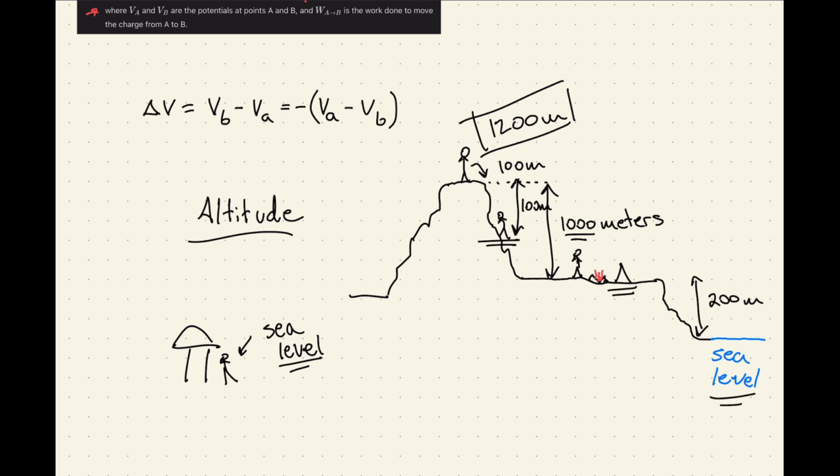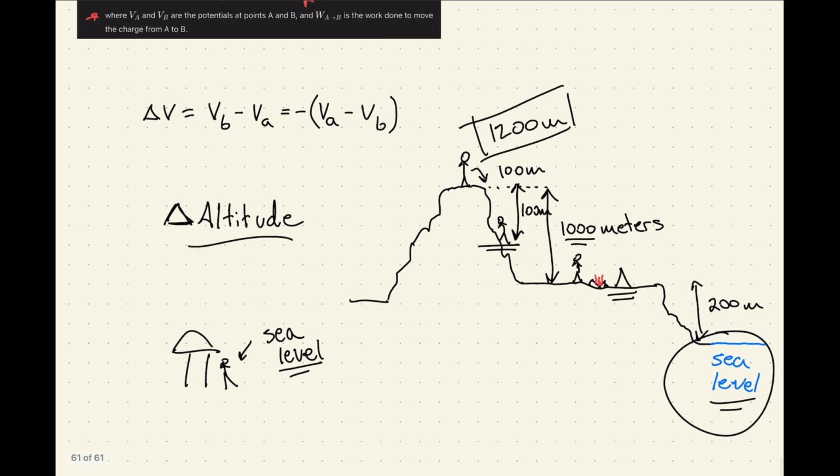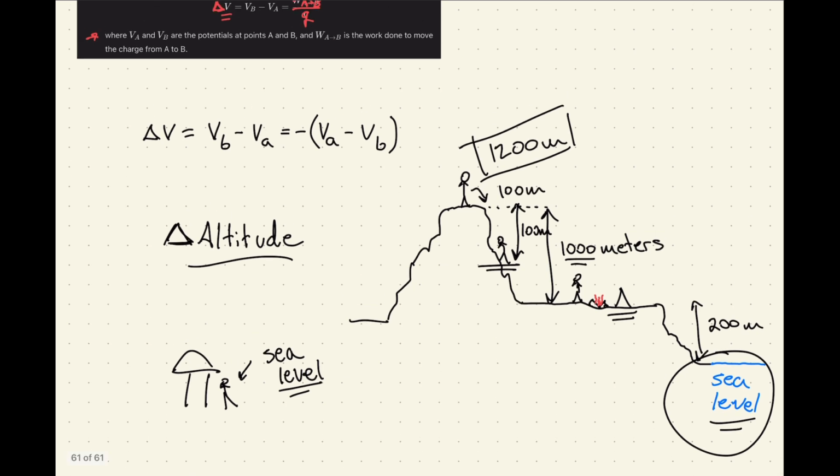So in order to avoid this confusion and not to talk about sea level, most of the time altitude is taken as a change in altitude. So you can always phone your friend, maybe this friend here, and say, yo, my altitude difference from you is 100 meters. That's not confusing at all. You can phone this friend and say, yo, my altitude difference from you is 1,000 meters. Again, not confusing at all.